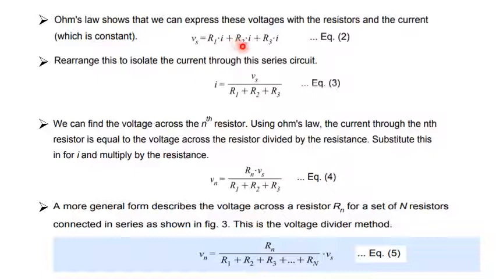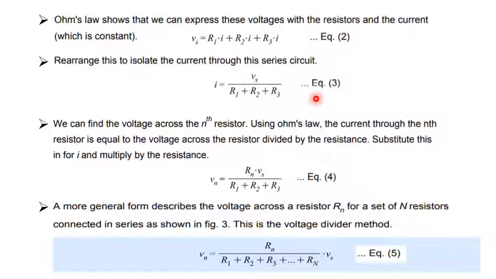The voltage drop across R2 is I into R2, and across R3 is R3 into I. Now the current is common, so it is taken out. Rearranging to isolate the current through this series circuit, I is equal to Vs divided by R1 plus R2 plus R3. Call this equation number 3.